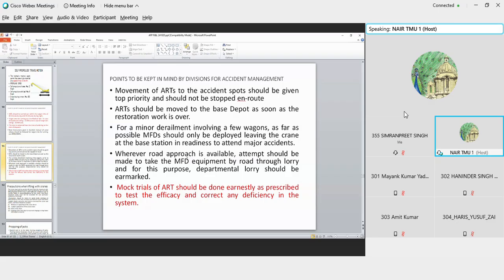We try to tackle the majority of accidents with the help of MFD because they are easier to carry and faster to set up. But sometimes if the accident is major and you cannot tackle it with MFD, then you have to order the ART and the ART will reach the site.